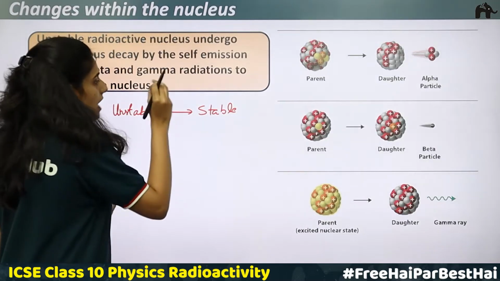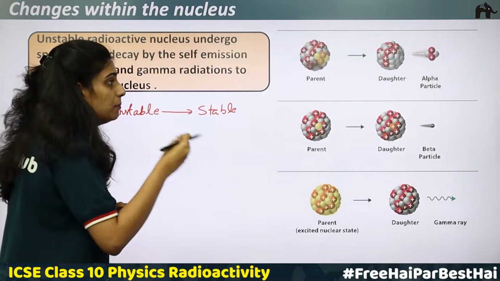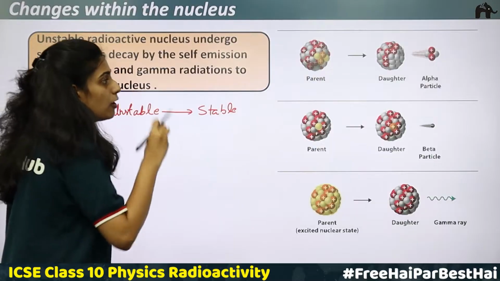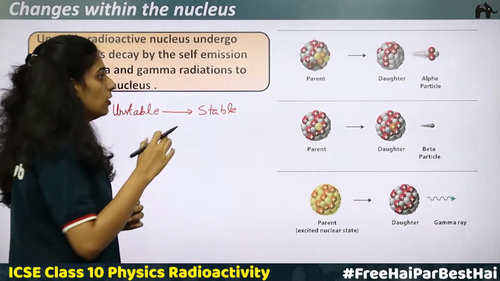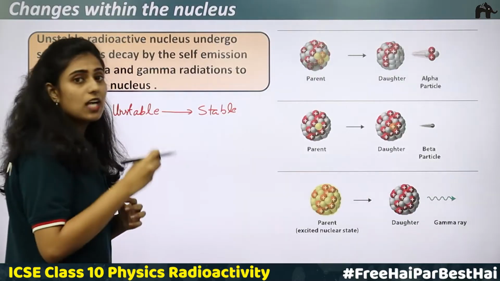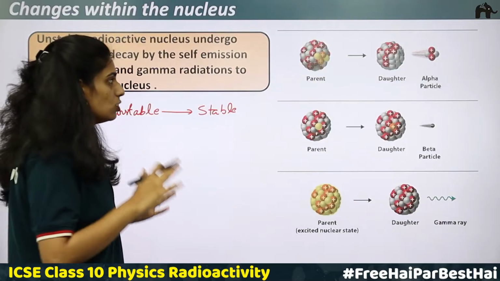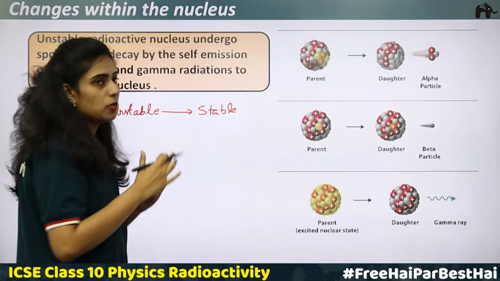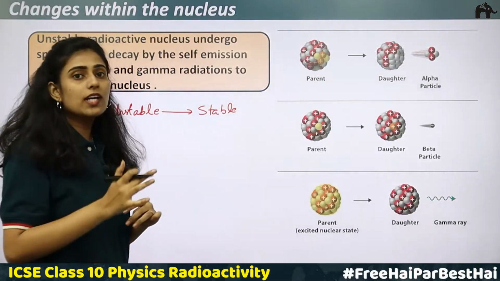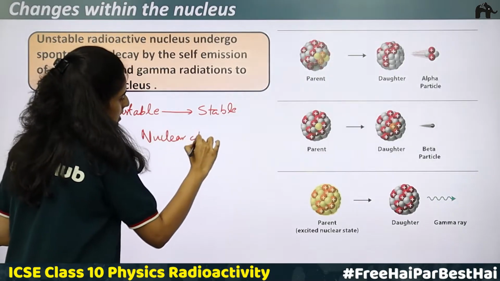When alpha and beta particles are emitted, there will be a change in the number of protons and neutrons. But when gamma rays are emitted, there is only a change in energy. There is no change in the number of neutrons or protons. All these are called nuclear changes.